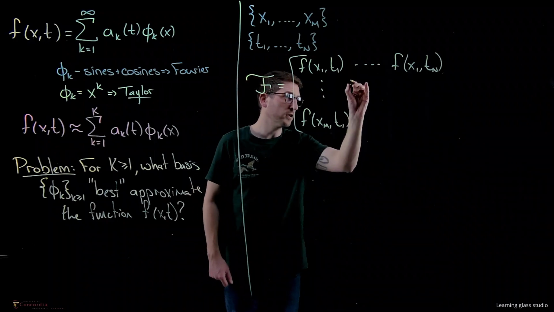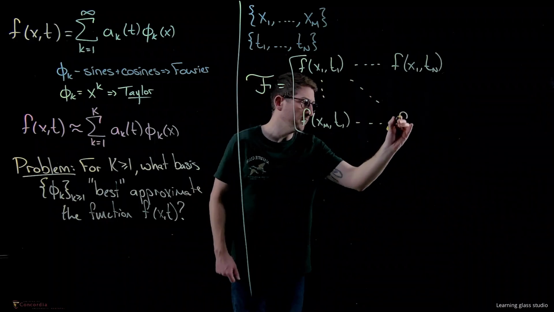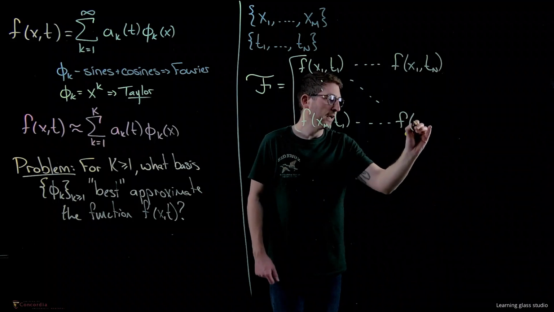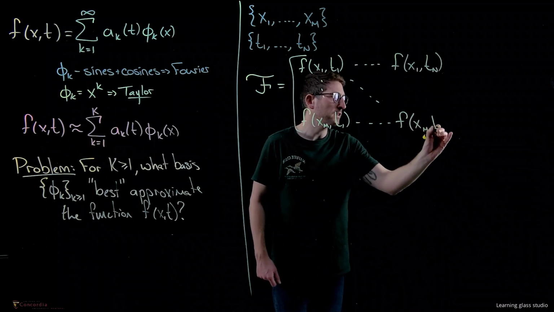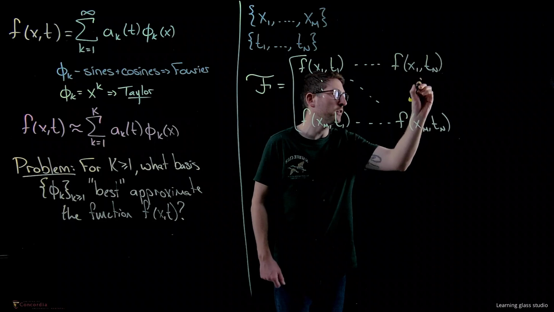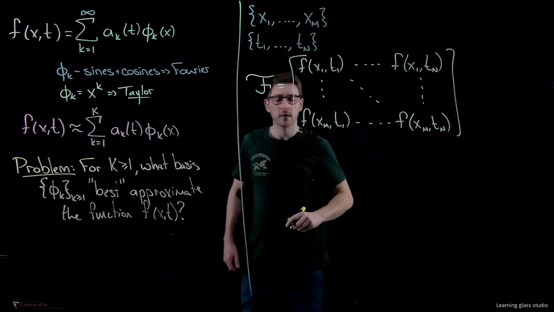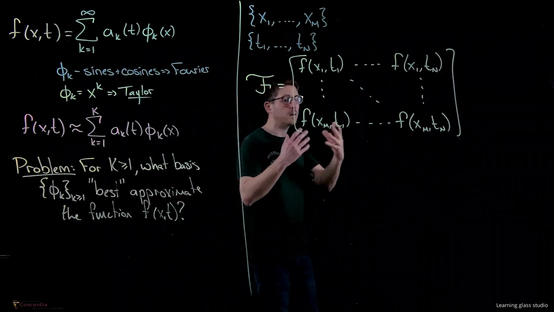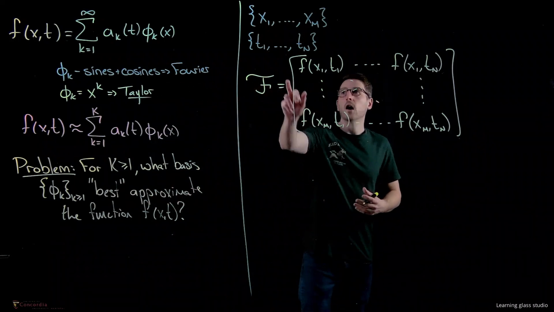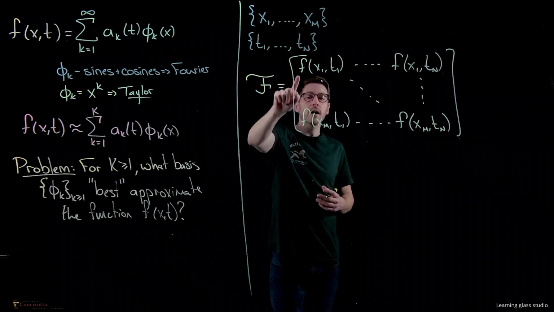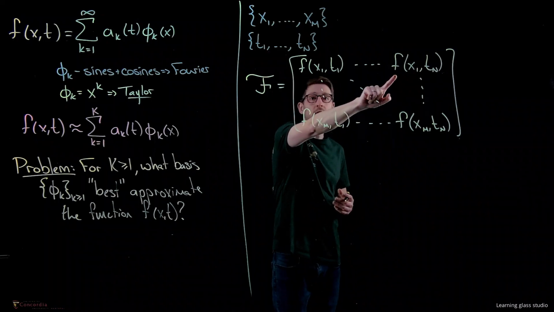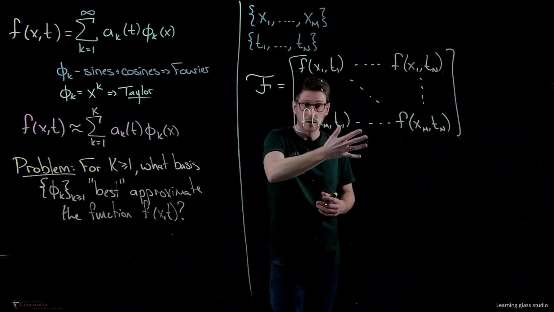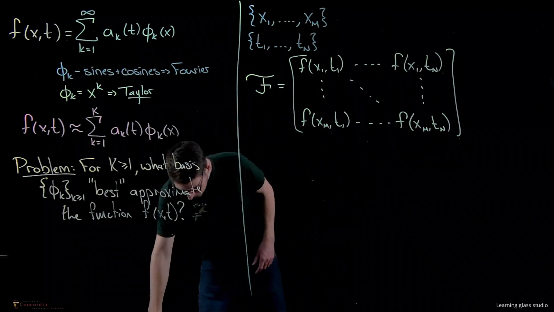Okay, so all I'm doing is taking this big space-time grid, and I'm assuming that I have access to at least approximations of the function that I'm interested in doing this expansion for. So for example, you could think about this as you simulated a partial differential equation on a space-time grid, and you have access to the approximations of the solution on those grid points, right? That would be given to you as a matrix, just like this.